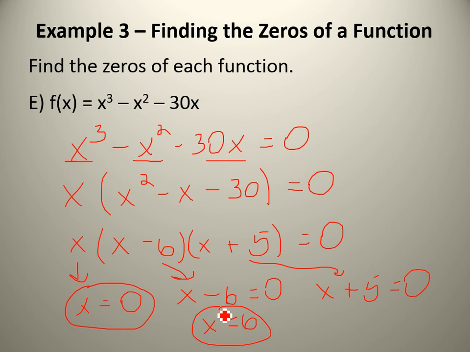This one here, I'm going to subtract 5 on both sides, and I get x equals negative 5. So those are the 3 zeros that that equation has. That's a very, very important thing when we're analyzing graphs. We want to know what the zeros of the function are. And when you have zeros that are real, those real zeros, graphically speaking, represent x-intercepts.